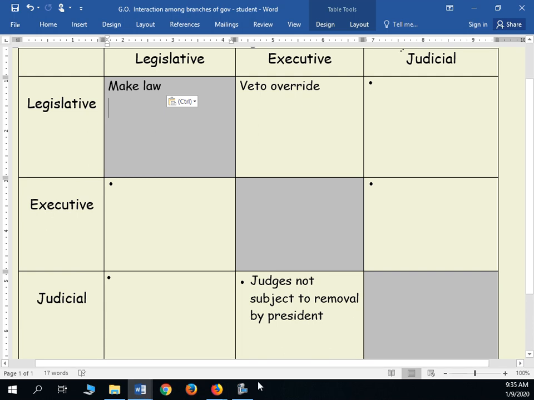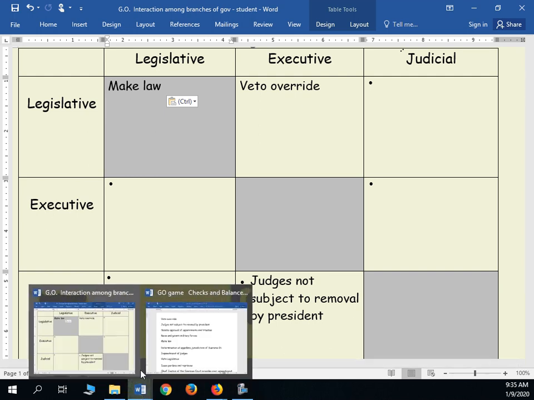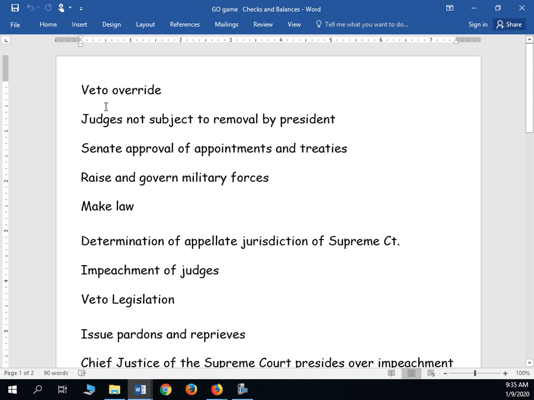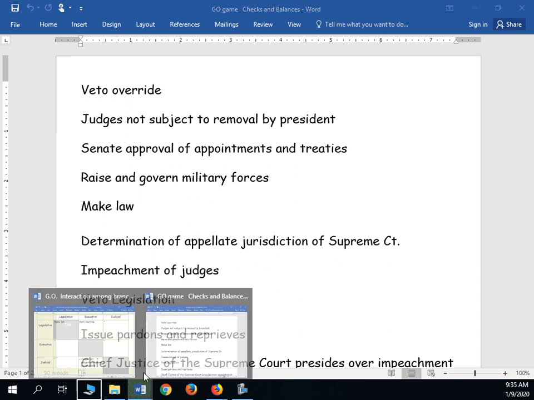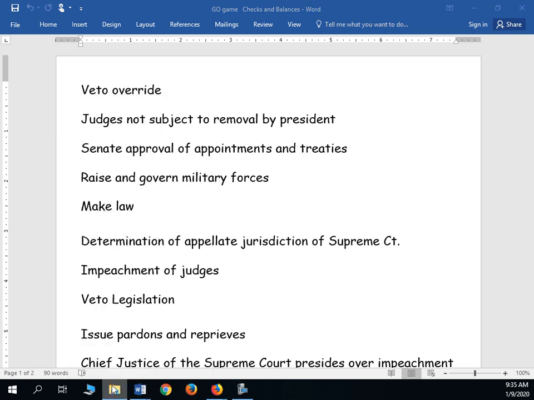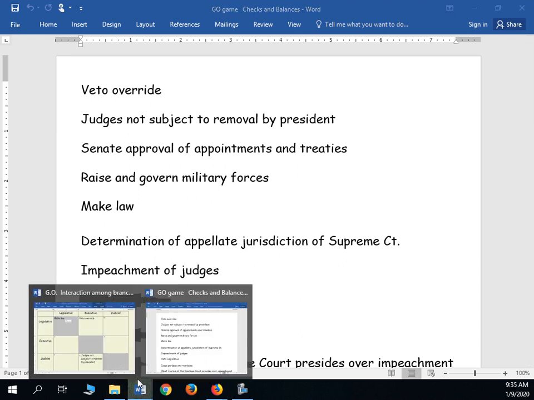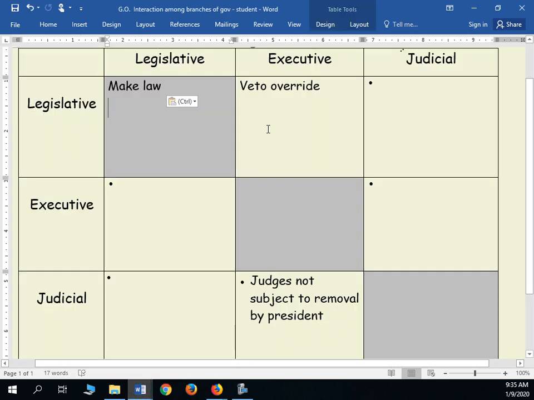So how you accomplish this is by going back to this form right here, and I'm starting right at the top. We'll look at veto override. Okay, and you will find that the veto override is a check that the legislative branch can make on the executive branch.